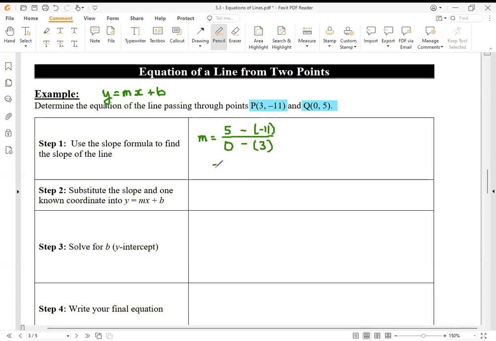That is the same as 5 plus 11 over 0 minus 3. So there it is. Unfortunately, this cannot be reduced, so we leave it as is.